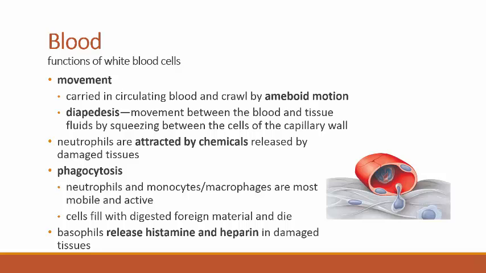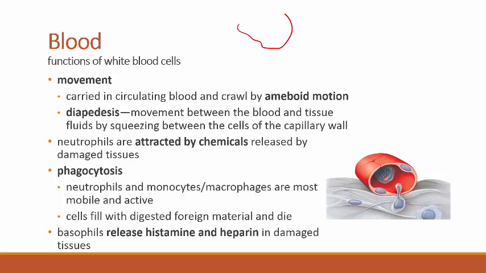And I think I showed you last semester, if you were in my class, some video of amoeboid motion, where these white blood cells are crawling around by streaming a chunk of their cytoplasm into a portion of the cell membrane and creating little legs that crawl them forward.